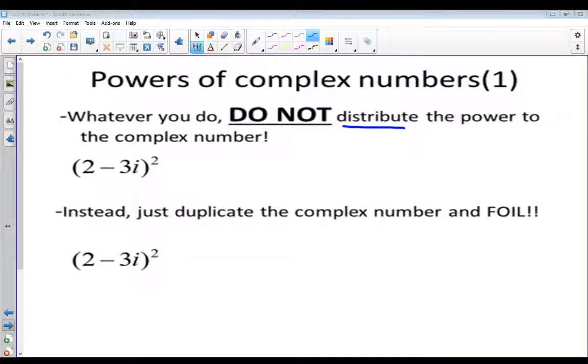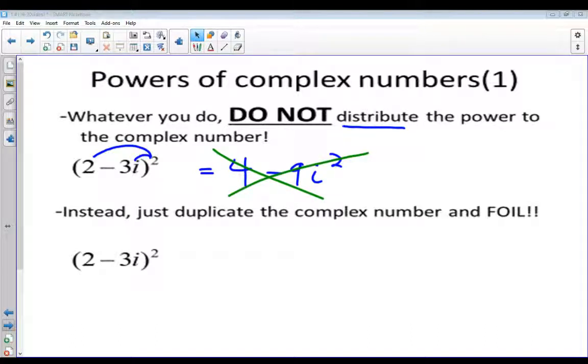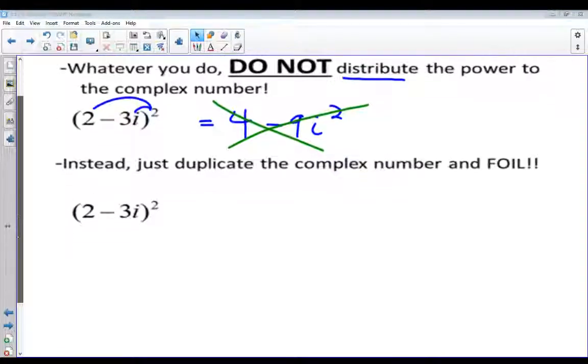Or in other words, I've seen students distribute the power like this. So then 2 squared becomes 4, and then the negative 3i squared becomes negative 9i squared. That is not how you do it. That is a completely different answer, and it's wrong.